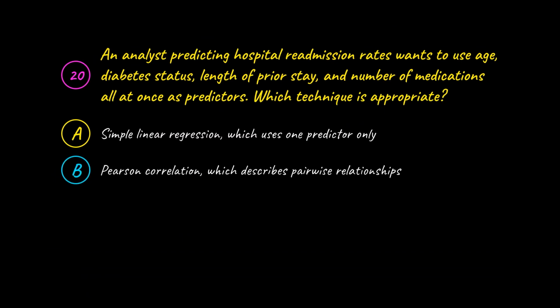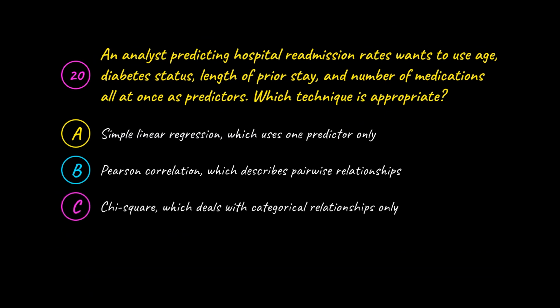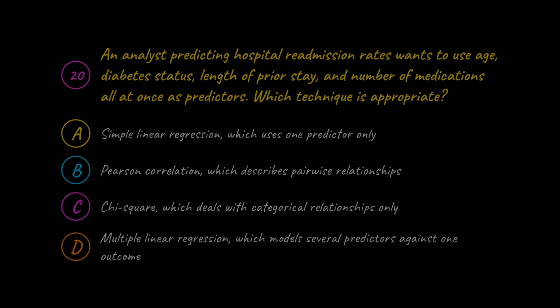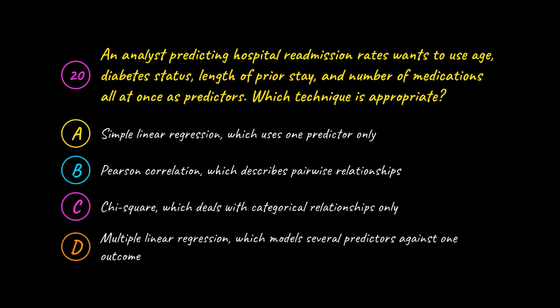B. Pearson correlation, which describes pairwise relationships. C. Chi-square, which deals with categorical relationships only. D. Multiple linear regression, which models several predictors against one outcome. What's your answer? Commit to one before I continue.